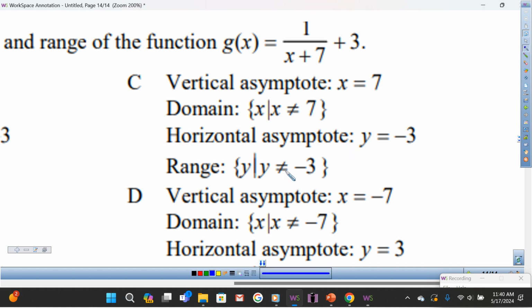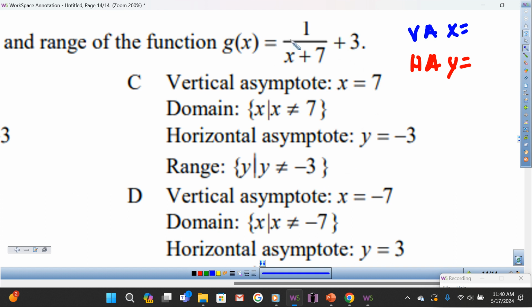So this is what I want to see on the paper. You write on the side, VA equals, HA equals. Why is that, Mr. Q? Because muscle memory. We've been doing these. As soon as you write that down, you're going to look at the equation and write the numbers that you need. Tell your neighbor what the VA is and what the HA is.